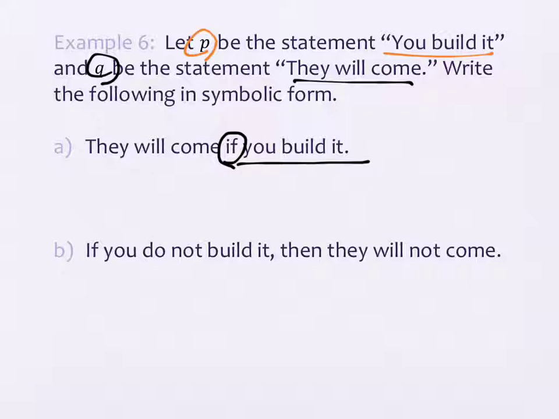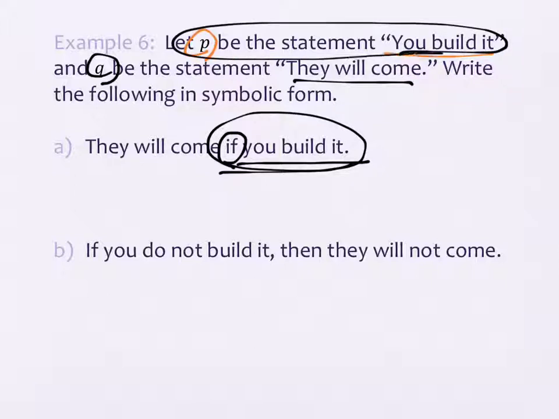We say something like, I am going to eat dessert if I work out today. But the if part is the working out, right? That's what's going on here too. So the if you build it is actually the hypothesis here. And what its symbol is being used for that? P or Q? P. P was the statement you build it, right? At the beginning.